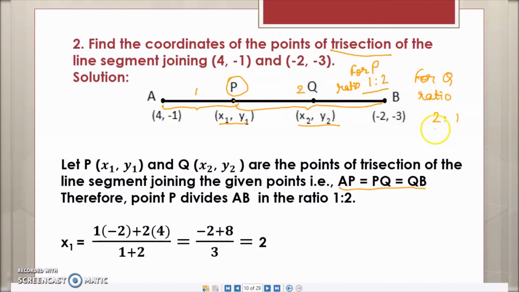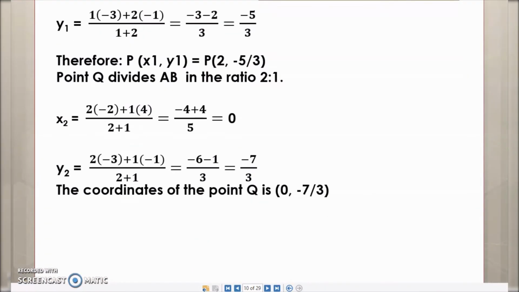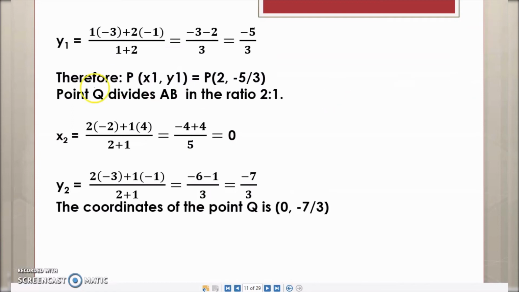So this is the only thing that is changing here. You will take for P M1 1 and M2 2, and for Q you will take M1 2 and M2 1. Rest everything remains the same. The end points are the same, and apply section formula and you will get different values of the coordinates. So in this case, point Q divides AB in the ratio 2:1.